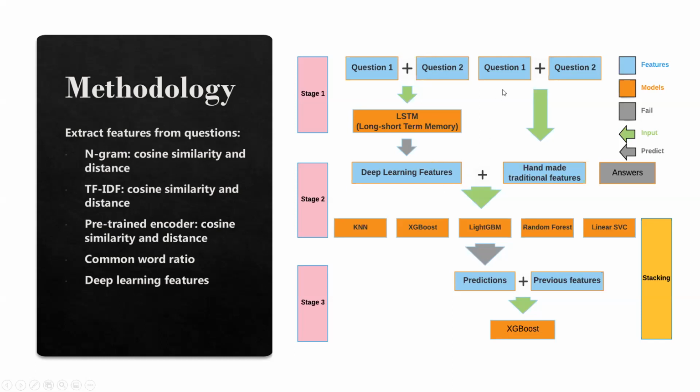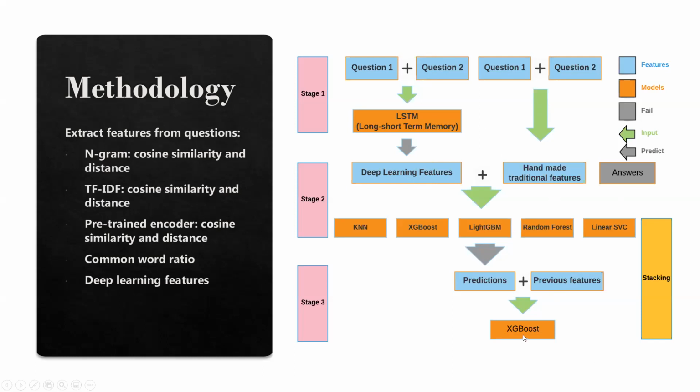I also use question one and question two to get the n-grams and TF-IDF, like the text mining features. Then I combine the deep learning features and handmade traditional features as input to train my models. After getting the predictions for each model, I use the predictions and these previous features as input to train the final model.